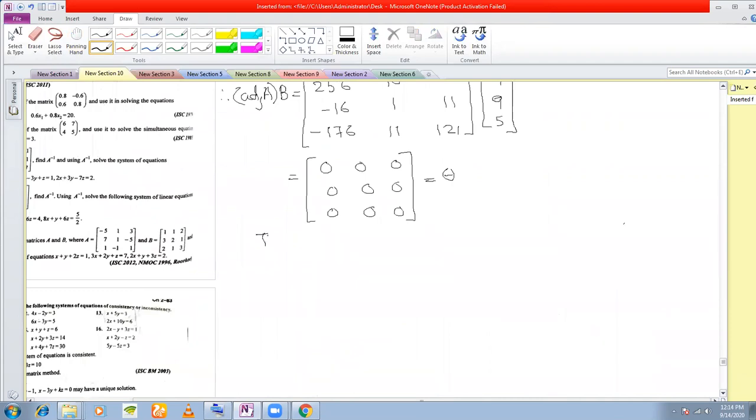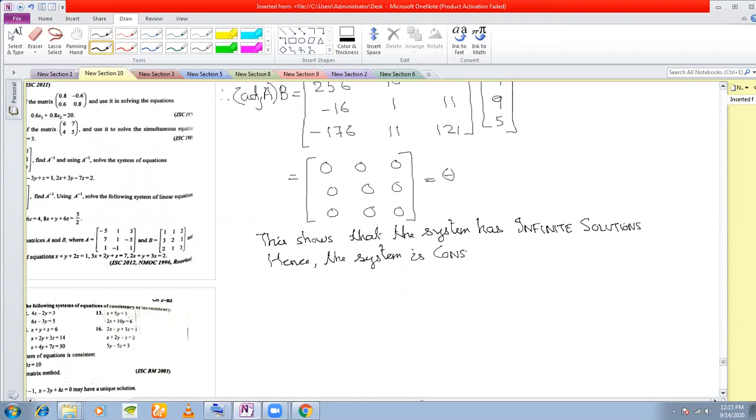This shows that the system has infinite solutions. Hence the system is consistent.